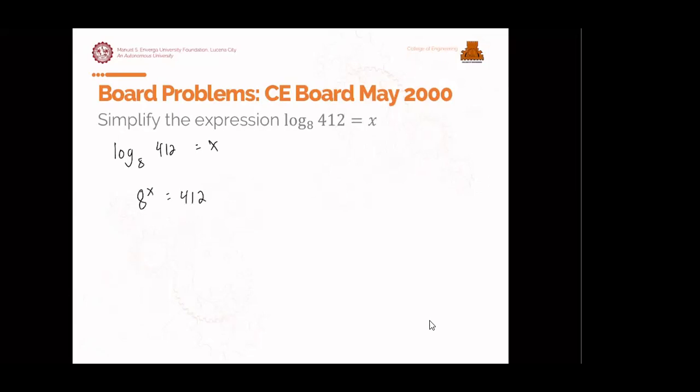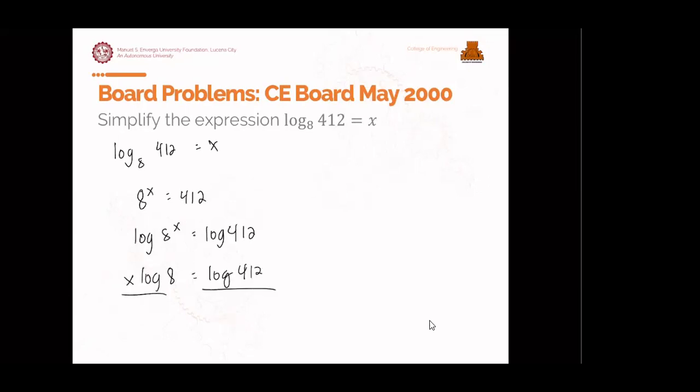Then reintroduce the log: log of 8 to the x equals log 412. Using the property that an exponent becomes a coefficient, x log 8 equals log 412.